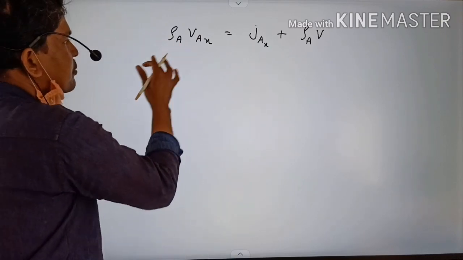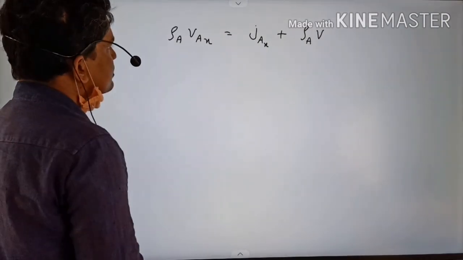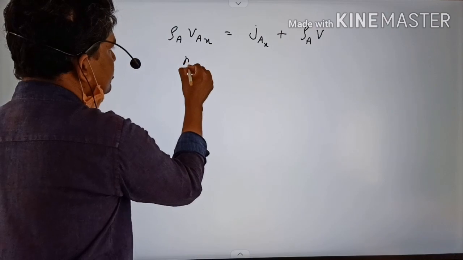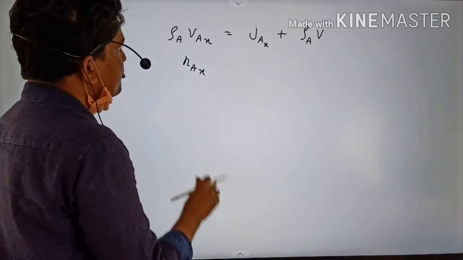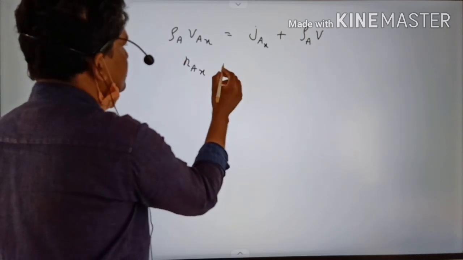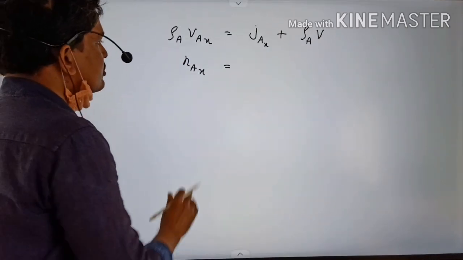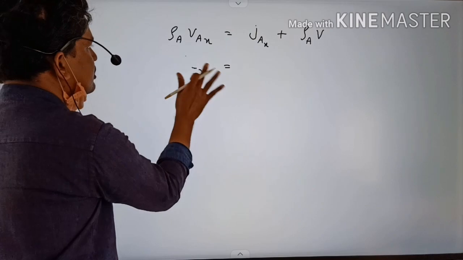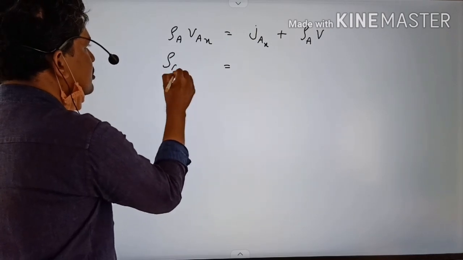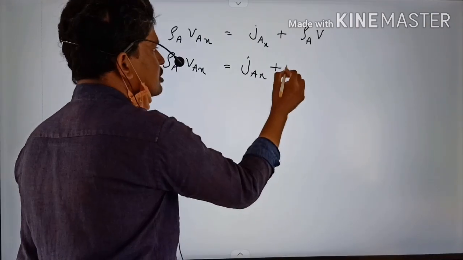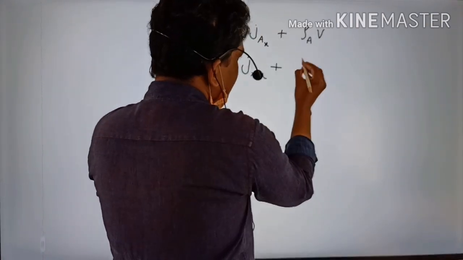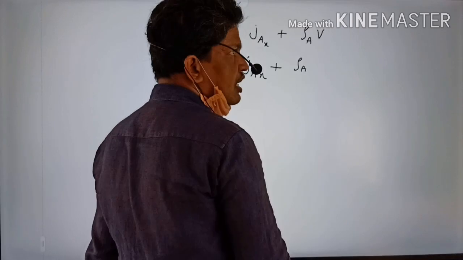So rho A VAx is NAx, the total mass flux of component A in x direction, equal to jAx plus rho A into V, where V is the mass average velocity.